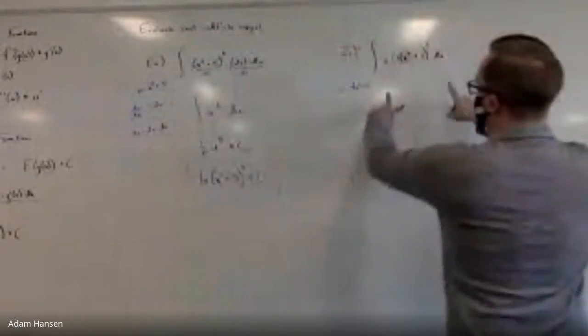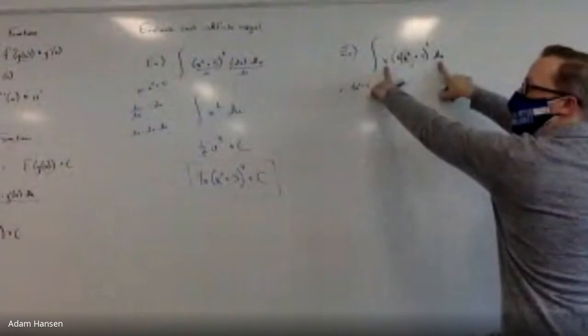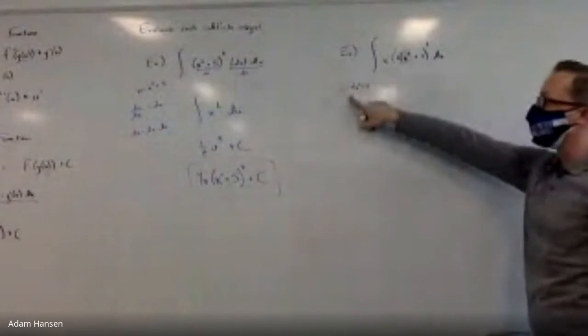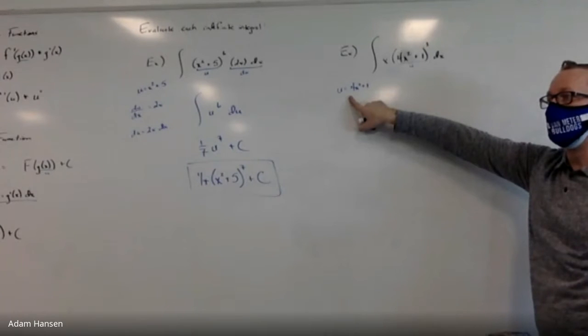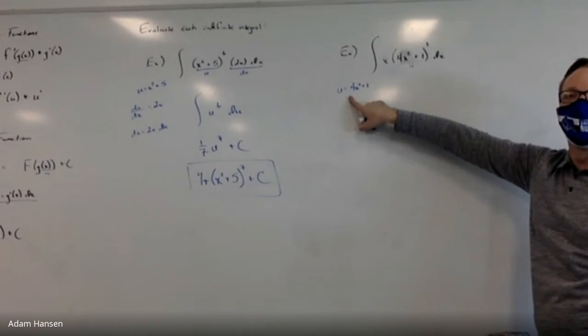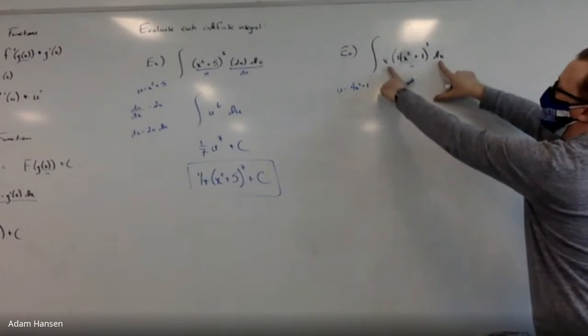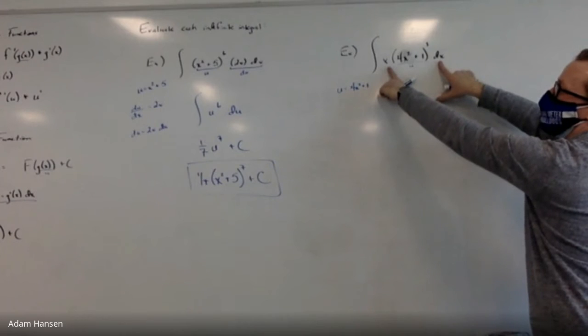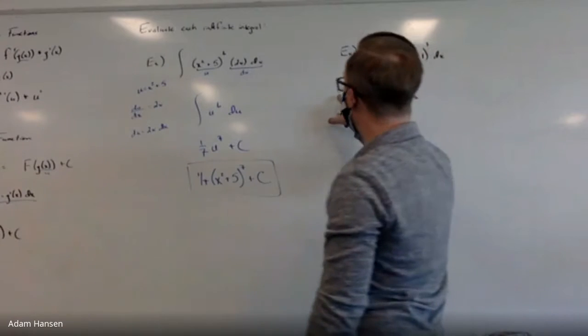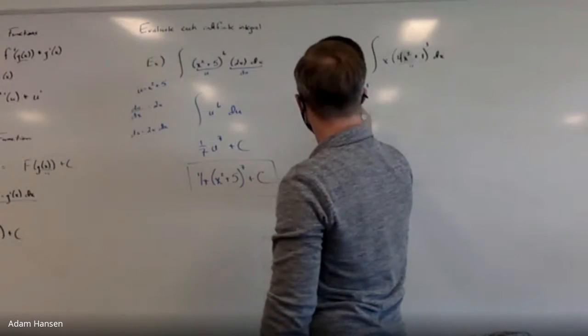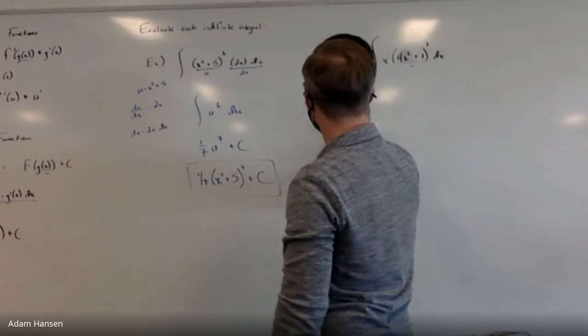Let's let u be equal to 4x squared plus 1. That leaves me x dx to write in terms of u by using the du substitution. I'm going to take the derivative of what I defined u as in hopes of replacing the rest of this expression in terms of u. Take the derivative of u with respect to x.